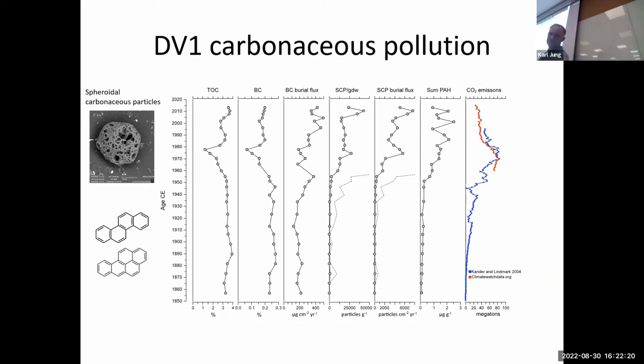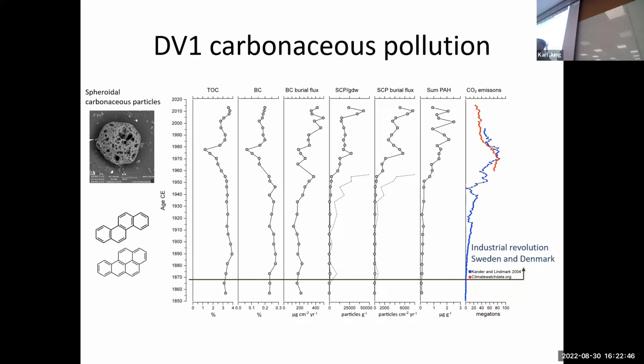And this marks the start of really an onset of industrialization in this area. That starts sometime in the mid-19th century. It has started earlier, but to a smaller scale. Around mid-19th century in Sweden is when it really takes off. And we start to see the first evidence of this.